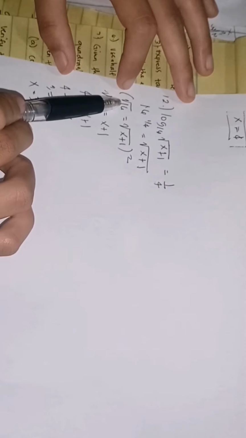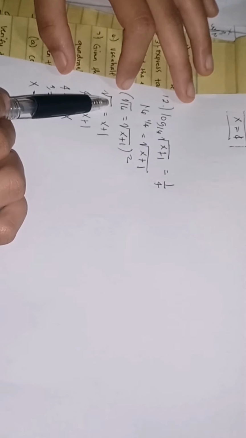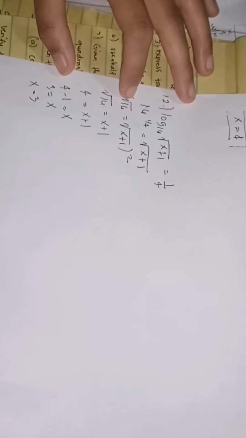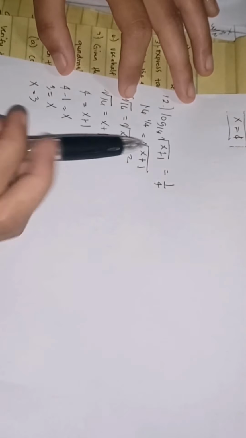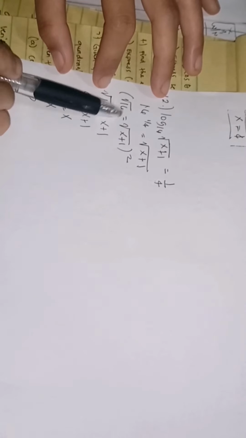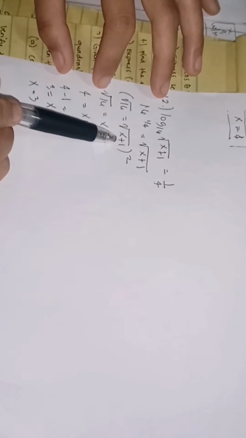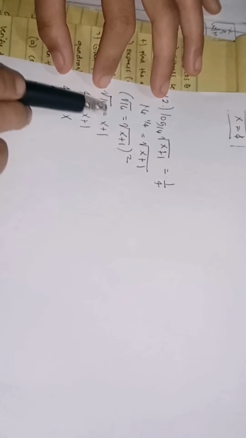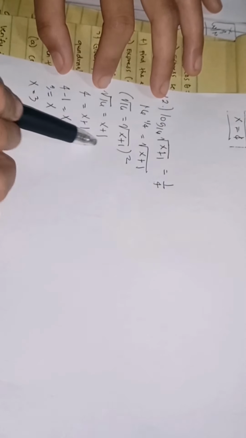So, next process is to square both sides. So, copy: 16 to the 1/4 equals the square root of x plus 1, squared.